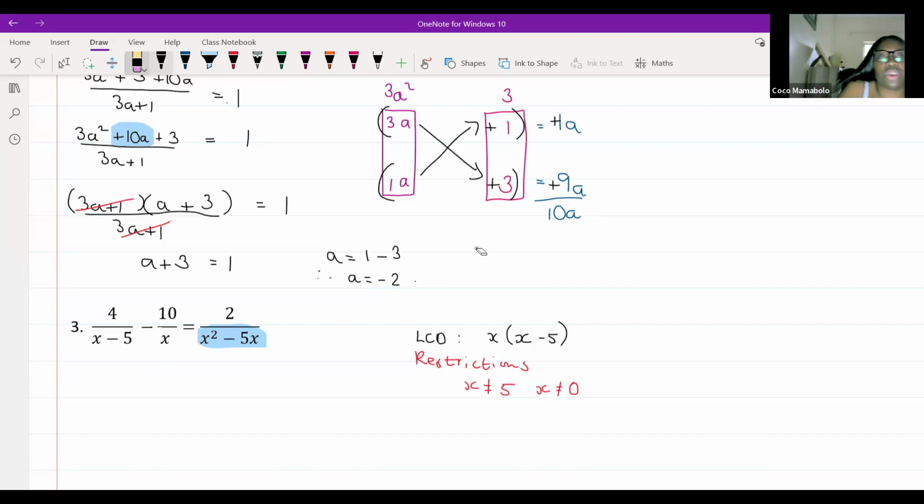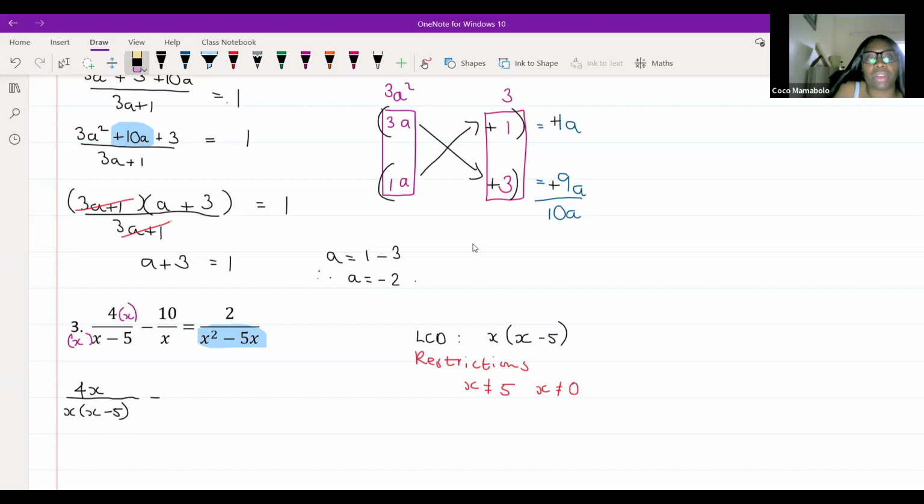All right, good. So we're going to go ahead and give each of these their own denominator, x minus 5, minus, all right, let's start with the first part. I'm missing an x over here. So I'm going to multiply the top by x and I'm going to multiply the bottom by x. So at the top over there, I'm going to get 4x. Now, guys, remember there's a negative there, so this becomes minus 10, right?